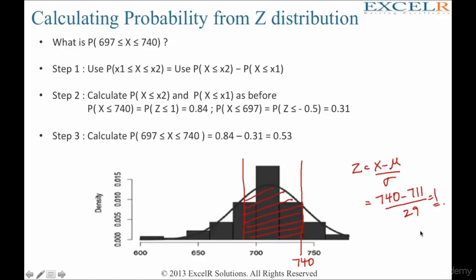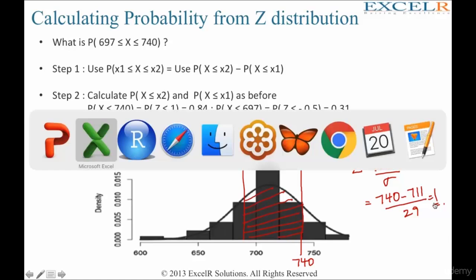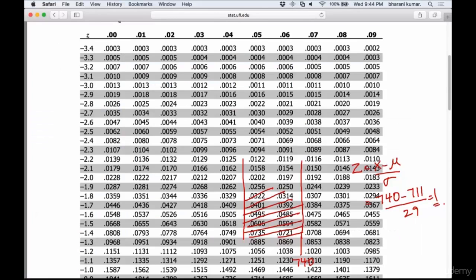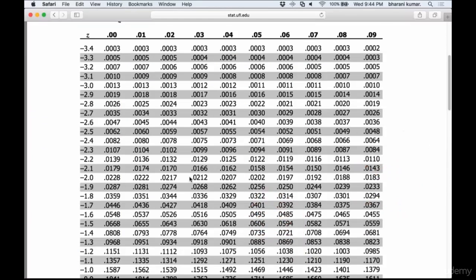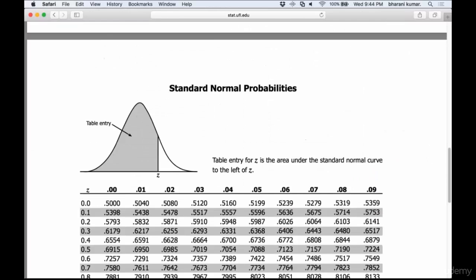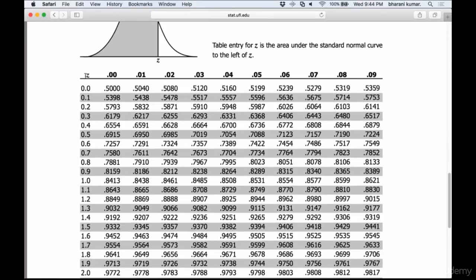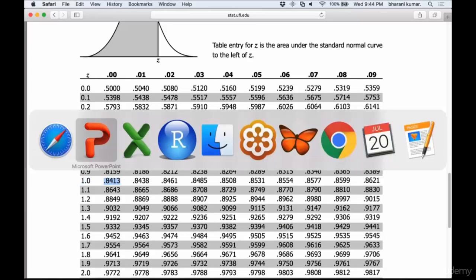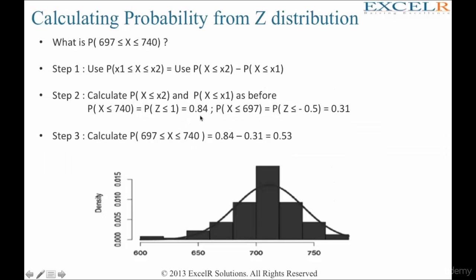Now, for Z equal to 1, if you want to calculate the corresponding probability value, you can go to the Z table and calculate. Let me show you that. So here you have the Z values and here you have 1. The value corresponding to 1 is 0.8413, and that is what is given here, 0.84.